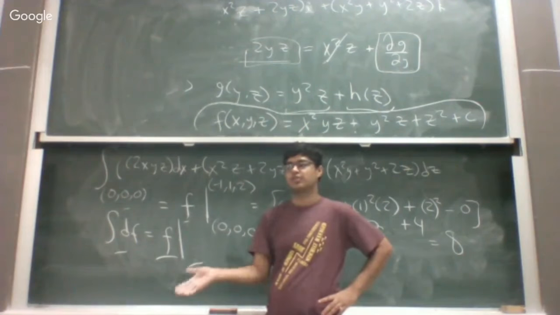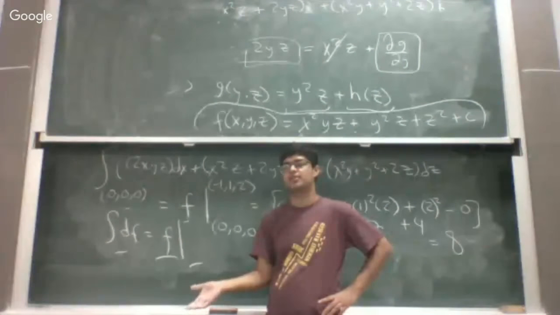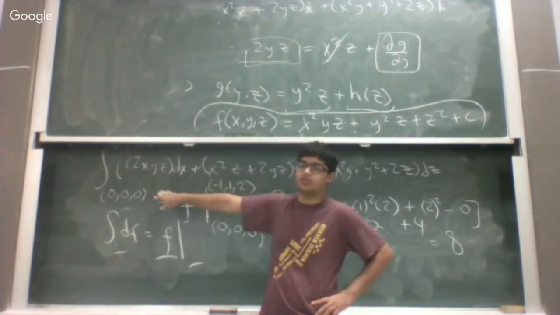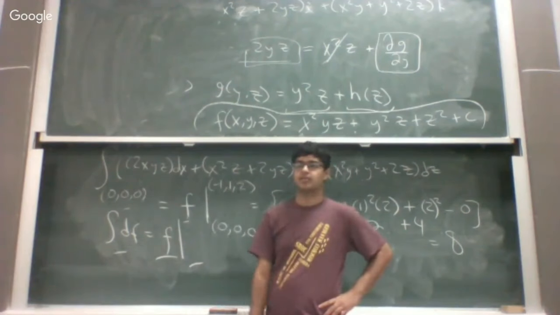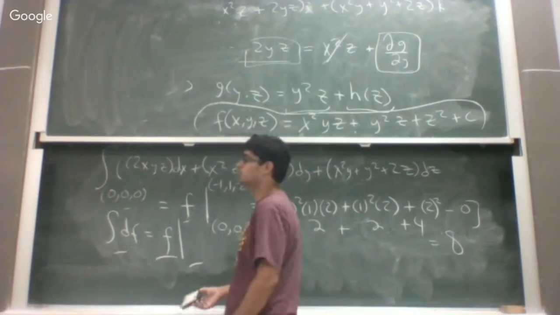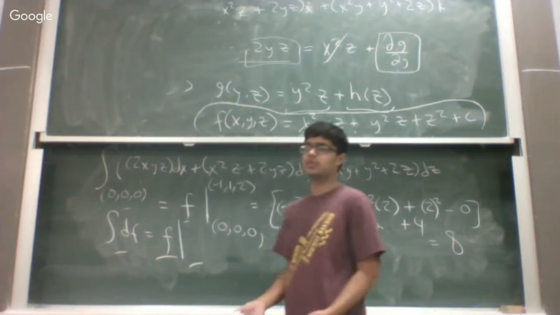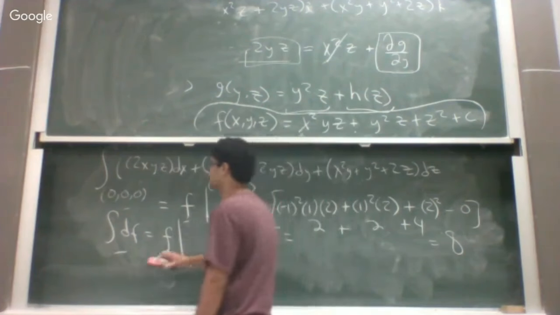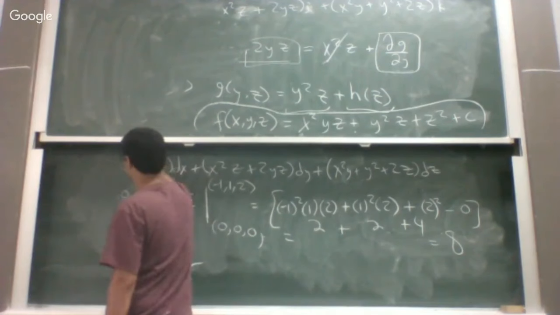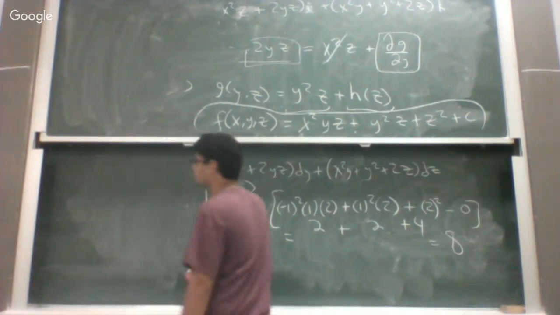But once we show that it's conservative, it doesn't matter what the path is. The area is going to remain the same. So then you can do the endpoints and find the integral. Otherwise, it is path dependent, and then it's a longer method to do it. So once it's conservative, you take the integral of the force and then find the endpoints that way.